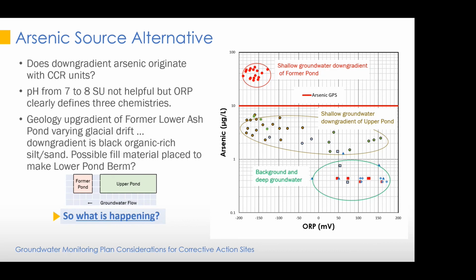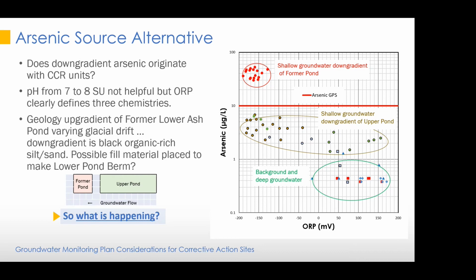So now we start looking at the rest of the wells. You look at the bottom right, background and deeper groundwater. And by deeper groundwater, we're looking at deeper parts of the flow system that we don't believe are at all affected by the shallow groundwater flow associated with the regulated units. And you see there, it's aerobic, very low arsenic concentrations.